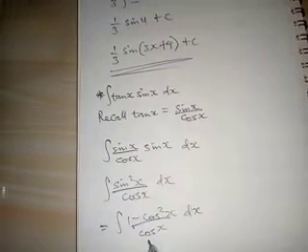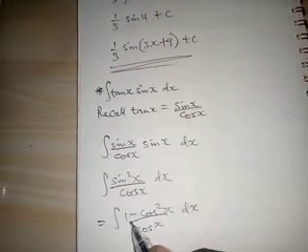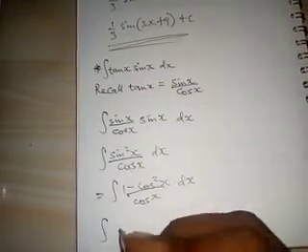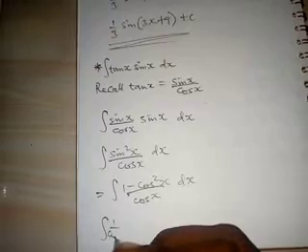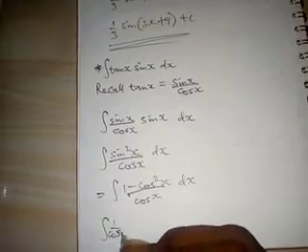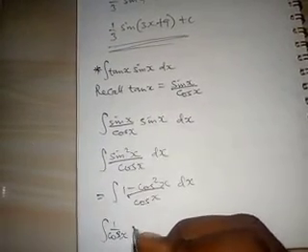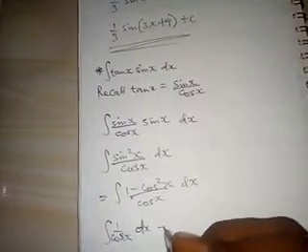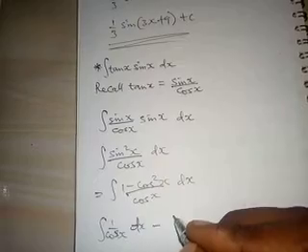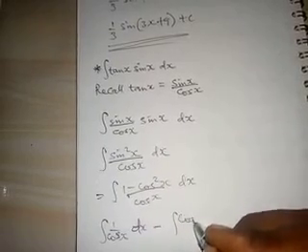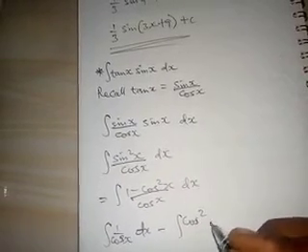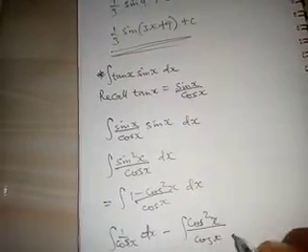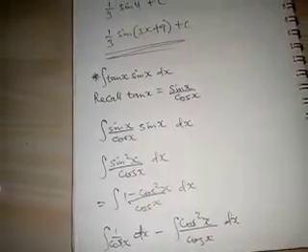Now, because this cos x is for two of them, we can separate them by saying integral of 1 over cos x dx minus integral of cos squared x over cos x dx.